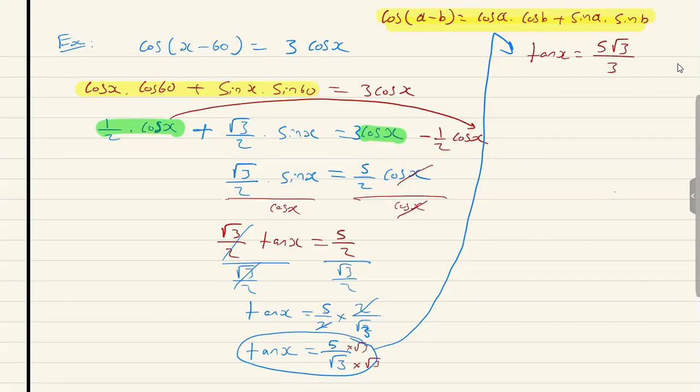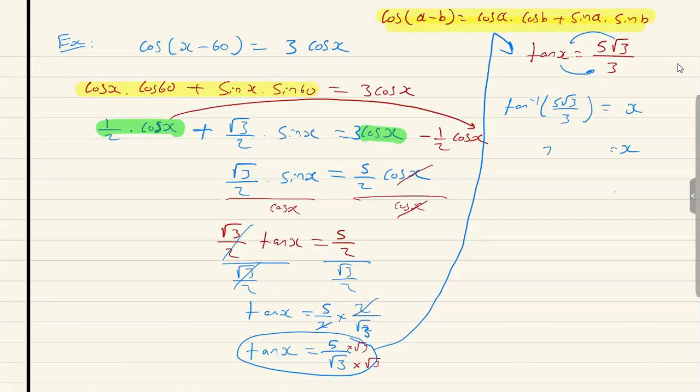And now we can swap and find the angle. This part is simple. Tan inverse of 5 root 3 over 3 is equal to angle x. Please tell me the angle. 70.89. 70.89 is my reference angle.